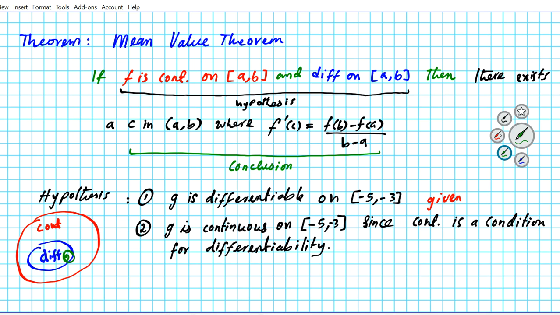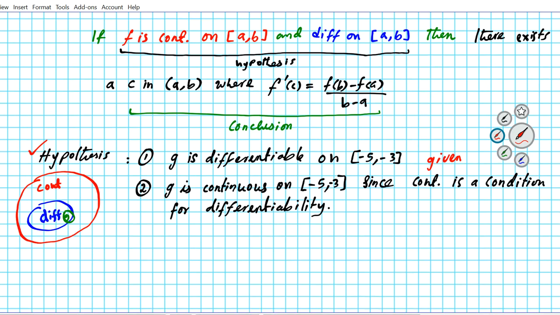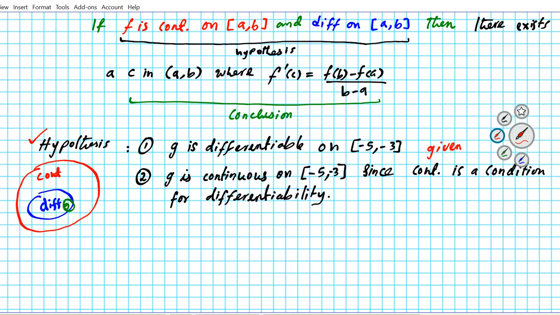Okay, so we see that this scenario we're dealing with meets the hypothesis of the mean value theorem. In order to arrive at this conclusion, we have to see if it satisfies the conclusion of the mean value theorem, where the average rate of change is equal to the instantaneous rate of change.